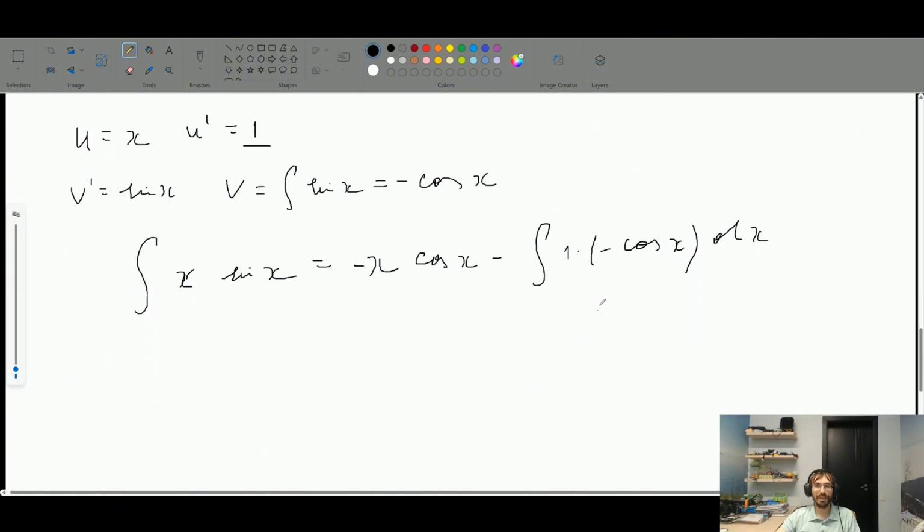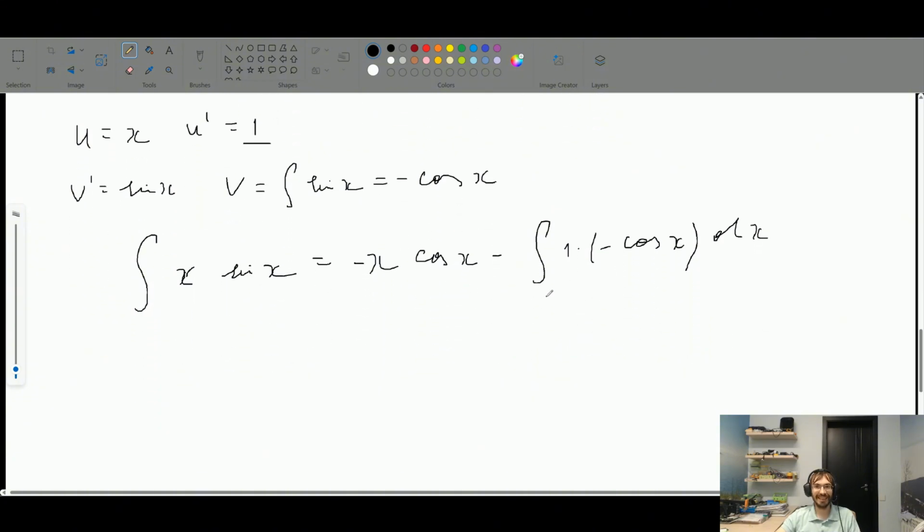Did it become simpler? Well, yes it did, because now we have to integrate only minus cos x, and if we take the minus outside of the integral, it can be compensated with the minus in front of the integral. So I can rewrite it as minus x cos x plus integral of cos x dx.